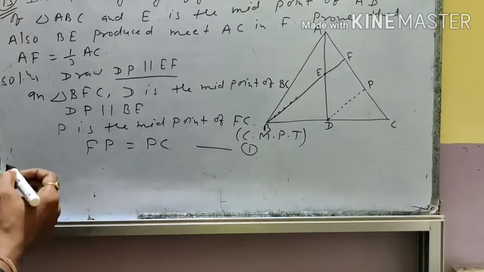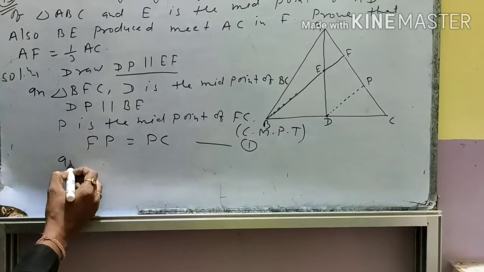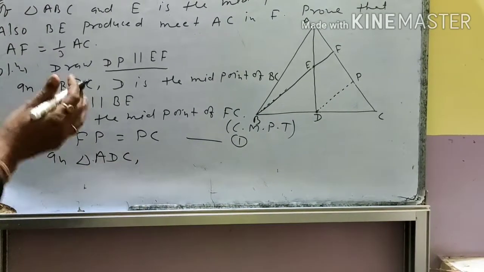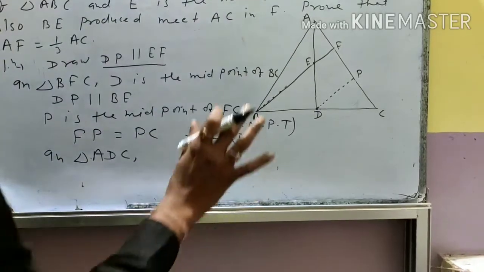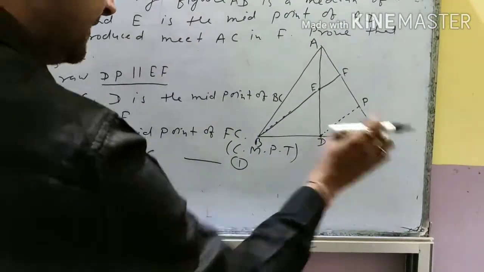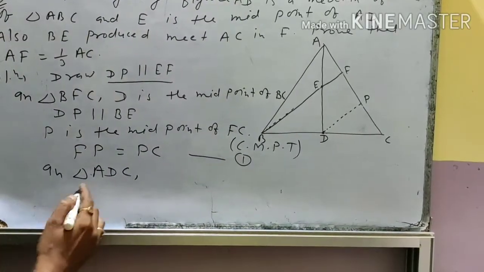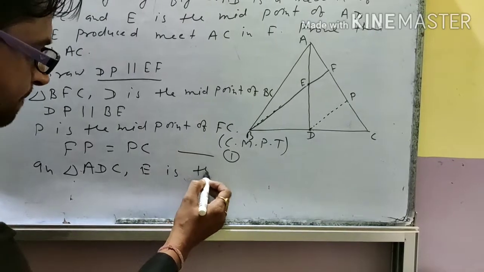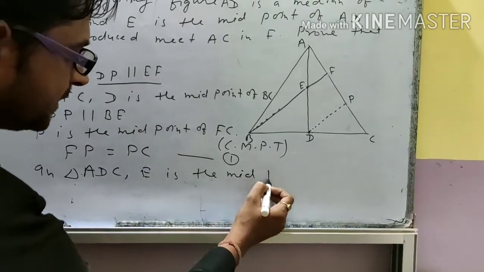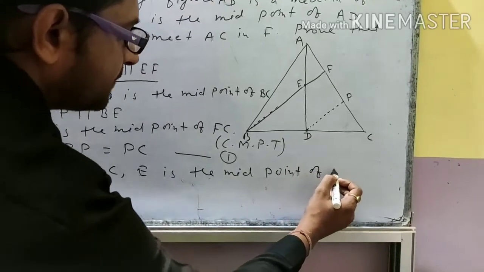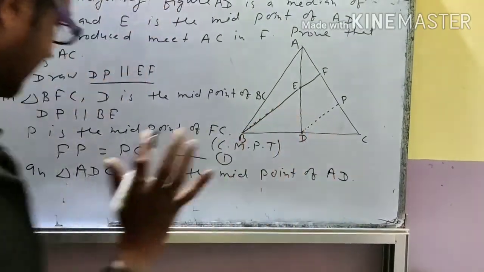Okay, student. Then take another triangle. In triangle ADC. This is the use of the converse of the midpoint theorem. E is the midpoint of AD. This information is given.